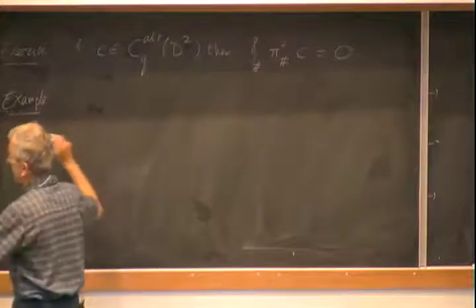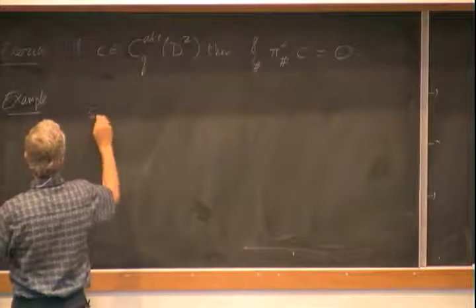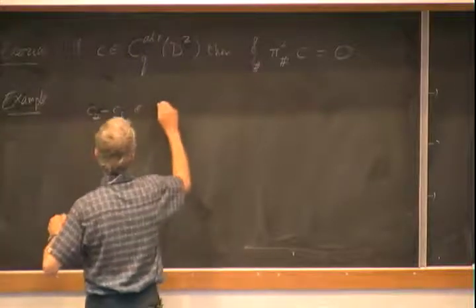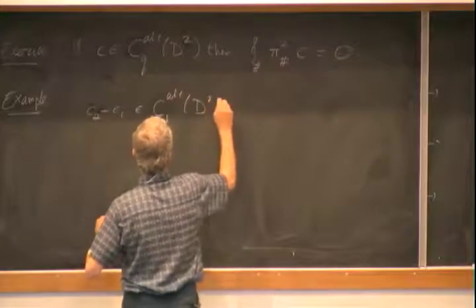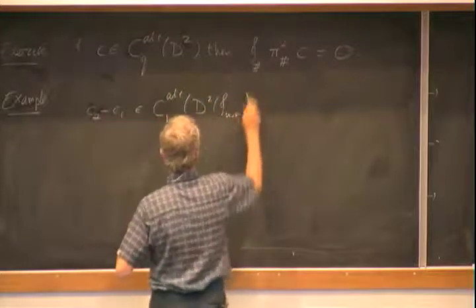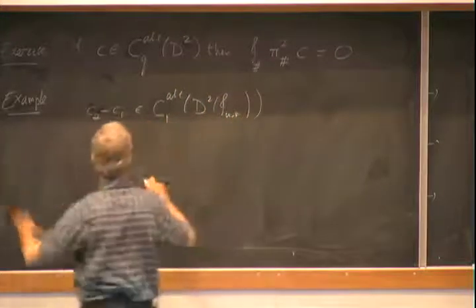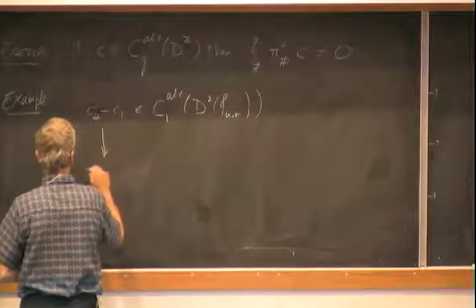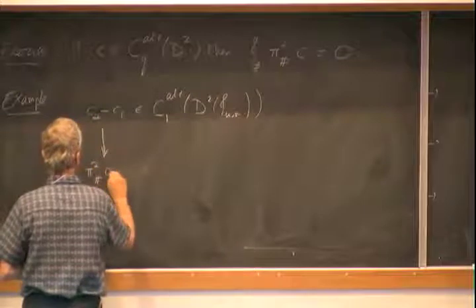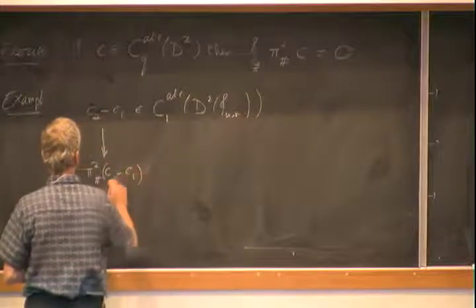So I take the homology class C2 minus C1 in C1 alt of D2 of my map FUV in this example. And now I map it down to pi 2 lower sharp of C2 minus C1.